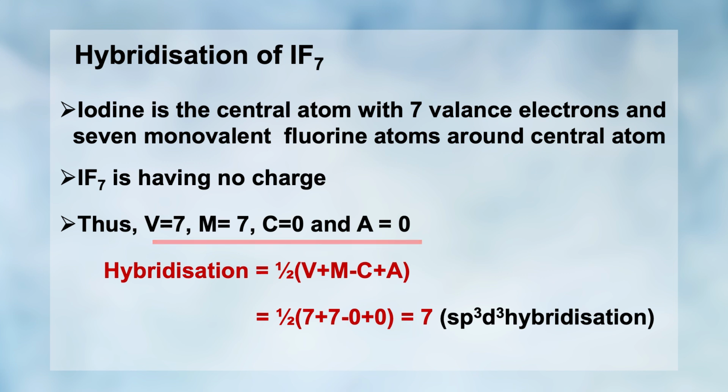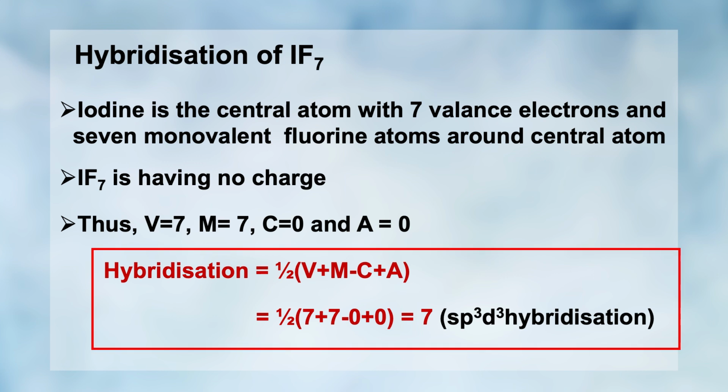On substituting these values in the expression for hybridization, half into V plus A minus C plus A, we get half into 7 plus 7 minus 0 plus 0, which is equal to 7. So there are 7 orbitals that take part in hybridization, and the hybridization scheme is sp3d3 with respect to iodine, the central atom in iodine heptafluoride.